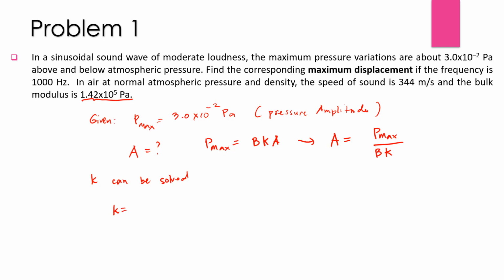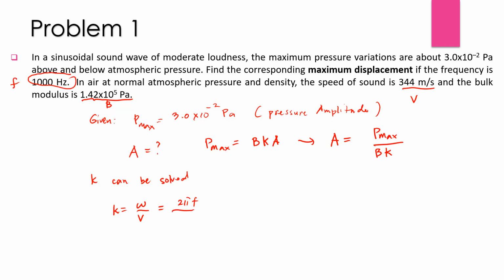k is equal to the angular frequency over the speed v. The speed of sound v is equal to 344 meters per second. And omega, in terms of frequency, is equal to 2 pi f, where f is equal to 1000 hertz.